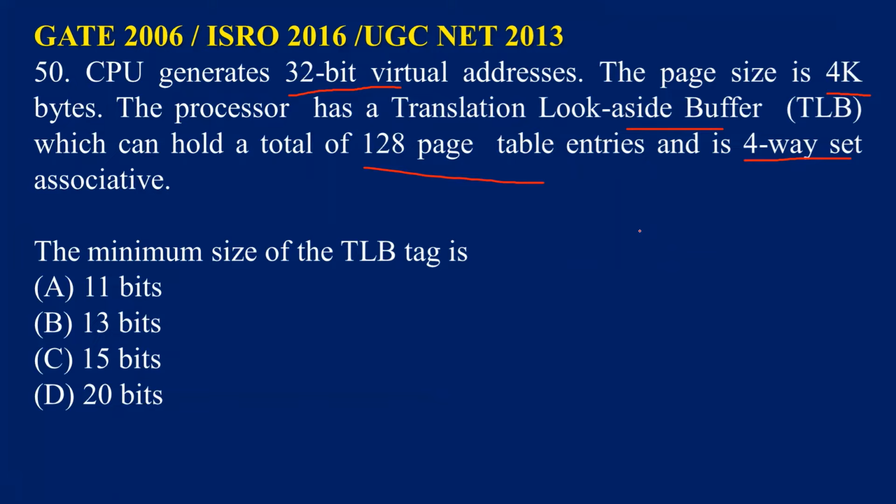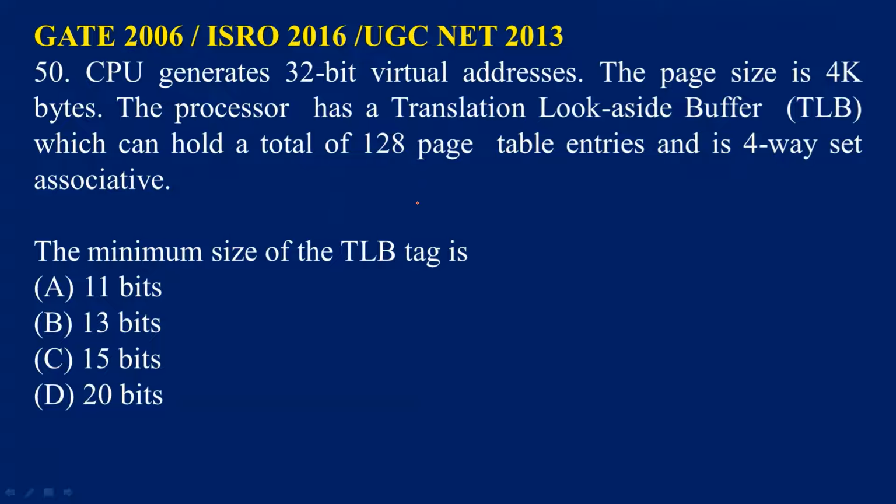They are asking the minimum size of the TLB tag. The translation look aside buffer is a small, cache-like memory, and the most frequently accessed page table entries will be stored in it. The CPU generates 32-bit virtual addresses.